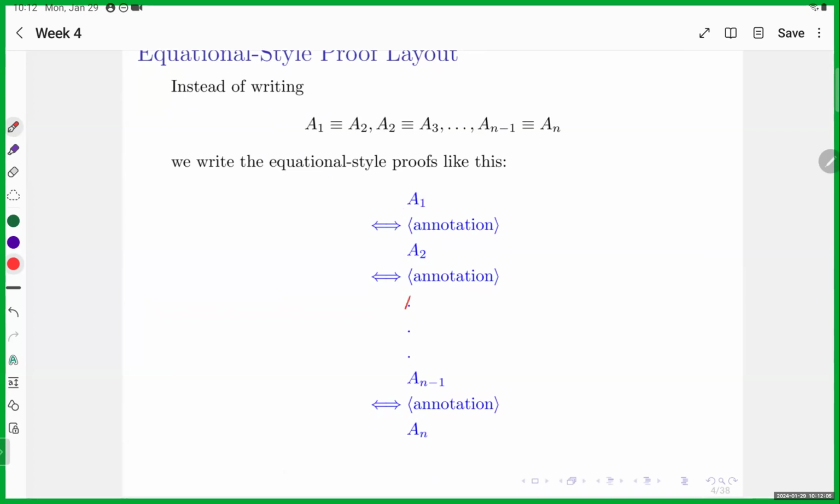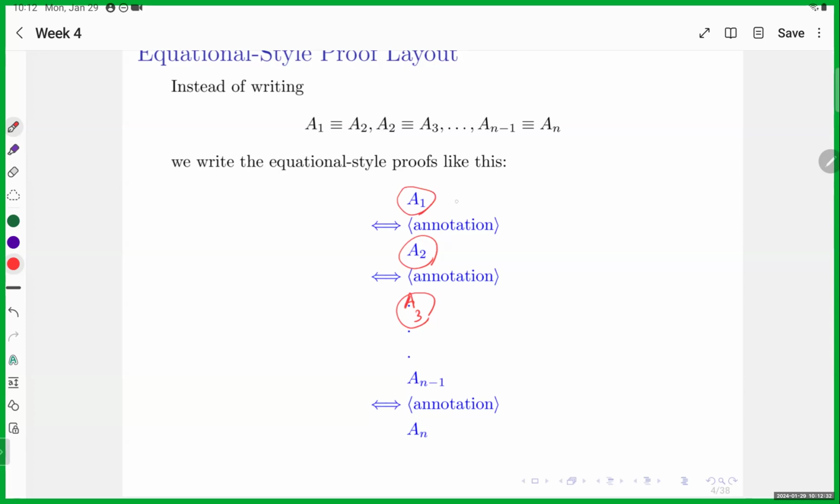If there's A3 here, A2 is equivalent to A3. So our idea is to, instead of writing A1 is equivalent to A2, A2 is equivalent to A3, and all the way to AN minus 1 is equivalent to AN, this whole fact can be written in the following way.